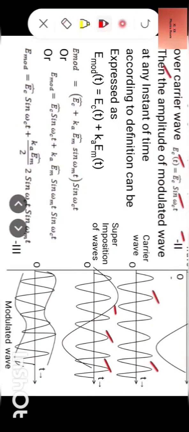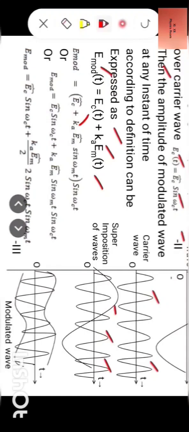Now the amplitude of modulated wave at any instant of time according to definition can be expressed as E mod t, mod for modulated, E for amplitude at any instant of time t, that is equal to e_c(t) plus Ka times e_m(t), where Ka is constant of proportionality for amplitude modulation, A for amplitude. Ka is constant of amplitude modulation.